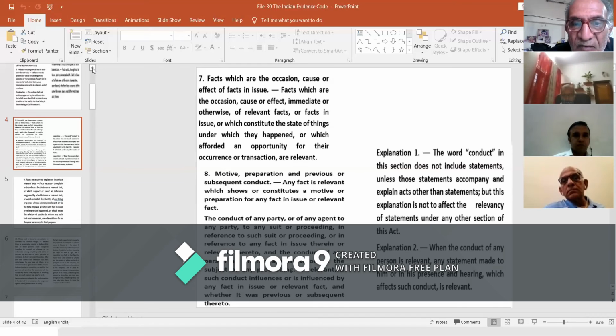The conduct of any party or of any agent to any party, to any suit or proceeding in reference to such suit or proceeding, or in reference to any fact in issue therein, or relevant thereto, and the conduct of any person, an offense against whom is the subject of any proceedings, is relevant if such conduct influences or is influenced by any fact in issue, a relevant fact, and whether it was previous or subsequent thereto.